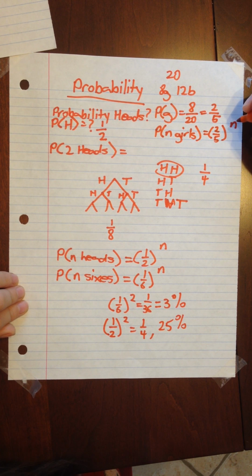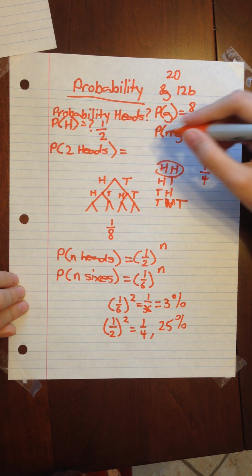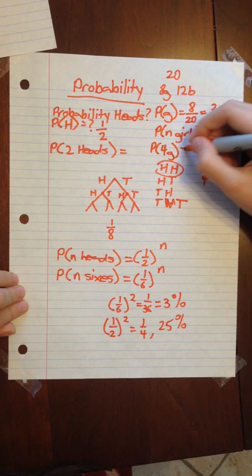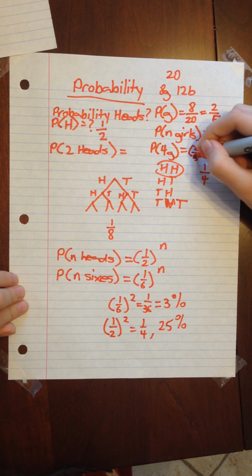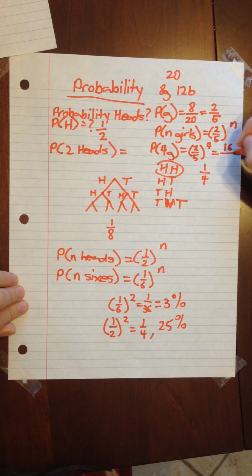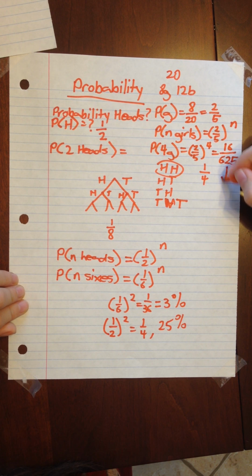We can substitute n equals 4 into this equation to get the probability that she will draw 4 girls equals 2/5 to the 4th, or 16/625. This is approximately 2.6%.